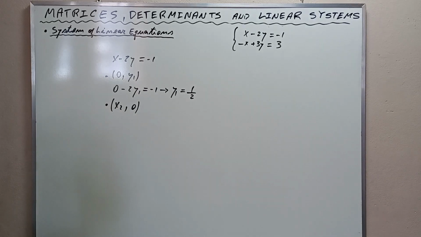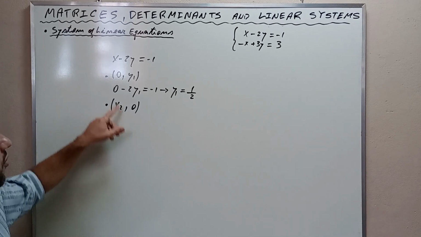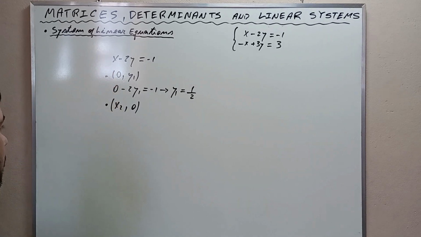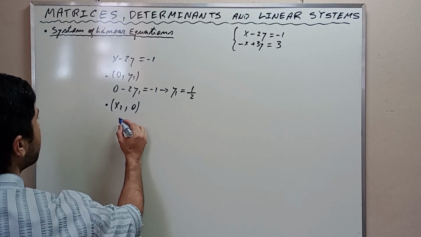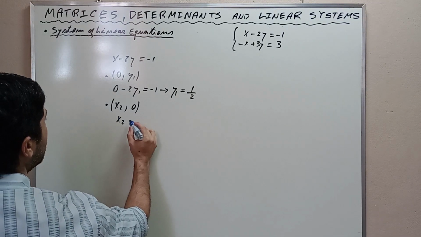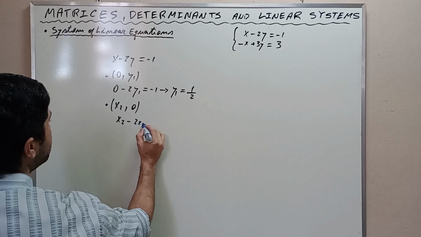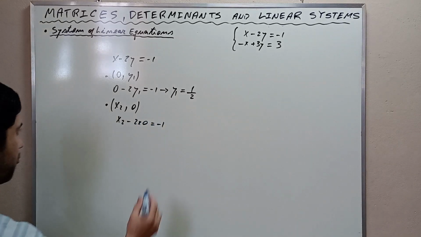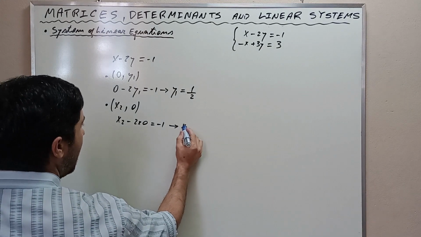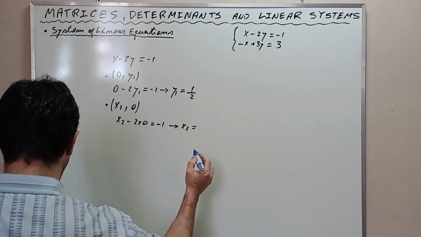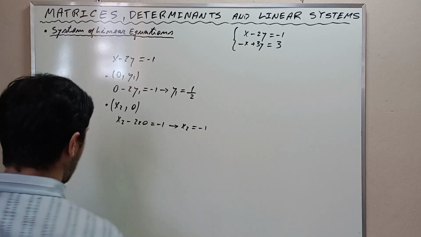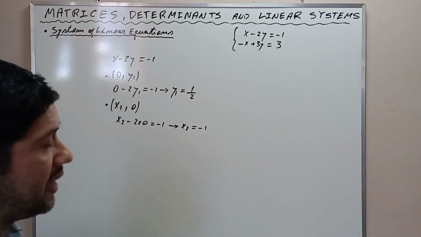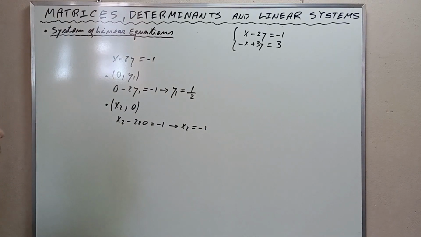We are calling it x2. Okay, we simply substitute this in the equation and we find that x2 minus 2 times 0 is equal to -1. And in this way, x2 is equal to -1. And we come here and plot this line here.